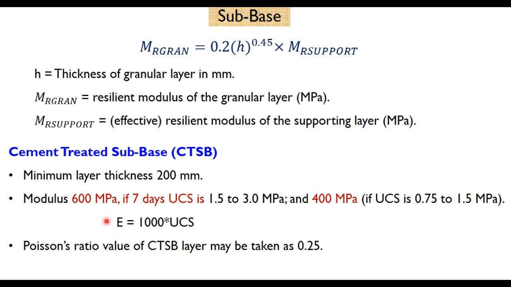E value is estimated using this equation, 1000 times UCS, and this equation gives a very high value of E. CTSB is likely to crack under the construction equipment itself, and therefore the code suggests that the modulus value of CTSB should be 400 to 600 MPa, and Poisson ratio for CTSB can be taken as 0.25.